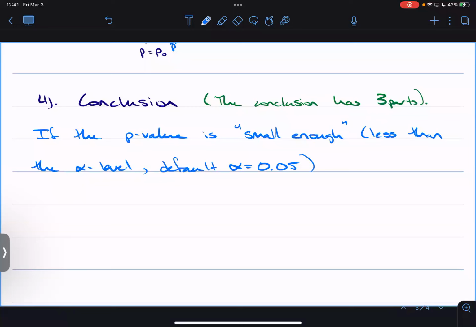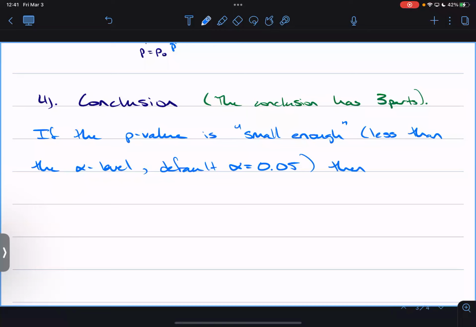So if the probability is less than 0.05 or 5%, then we've decided that we have enough evidence to reject H naught in favor of HA.